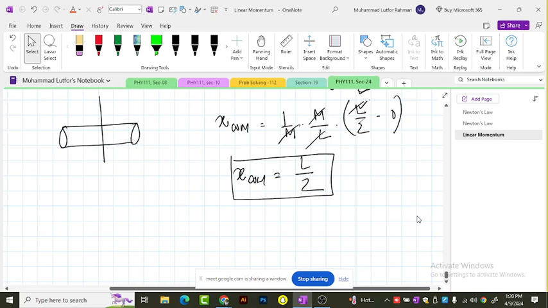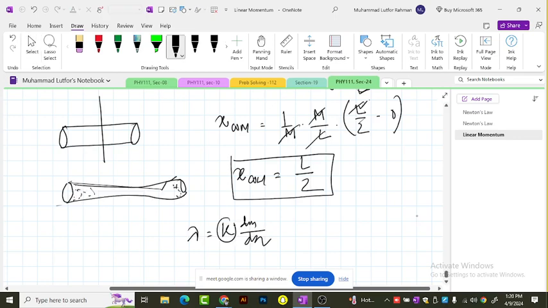This constant k has some relation. Let's say if you start from the center in that direction, with respect to the distance, the mass is more over there. For this one, lambda should be k inverse dm over dx.